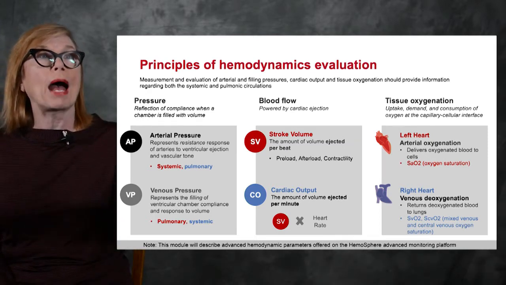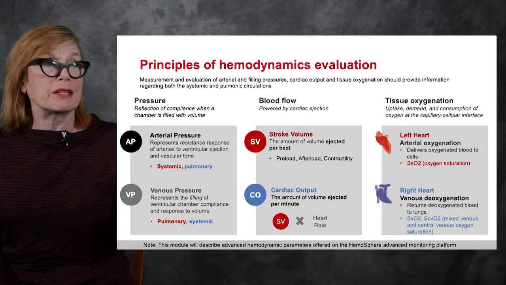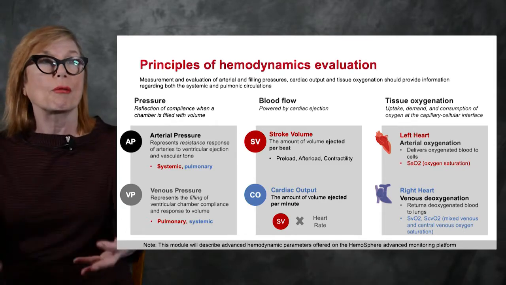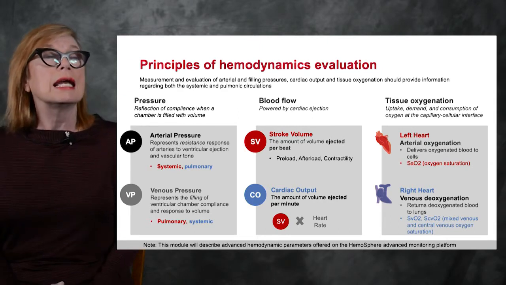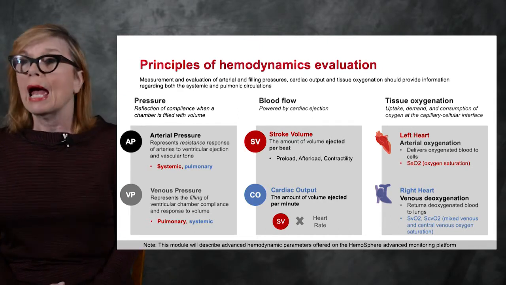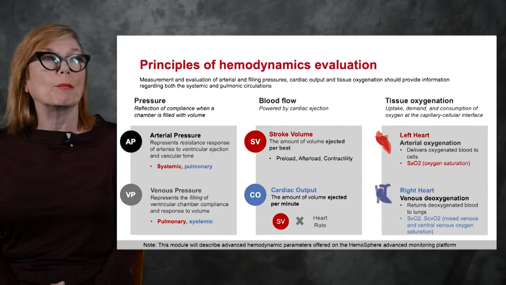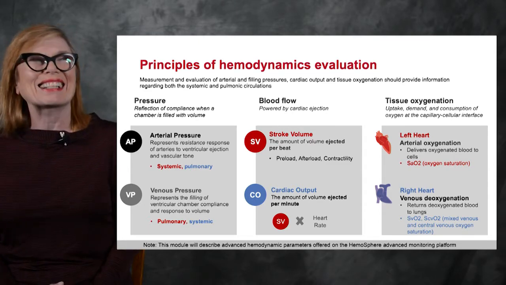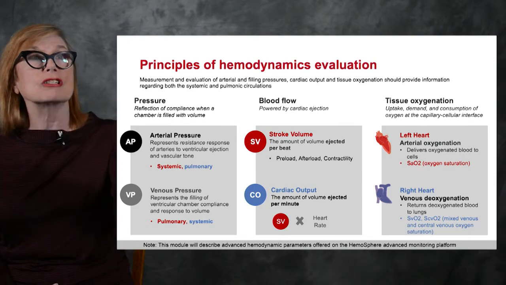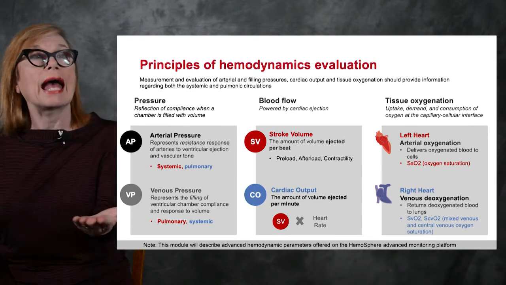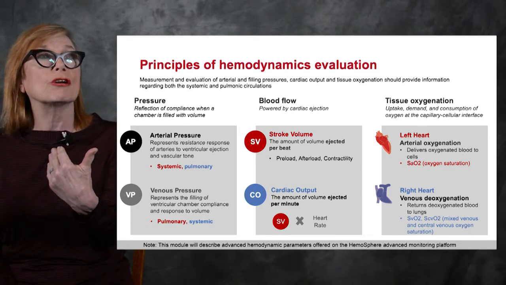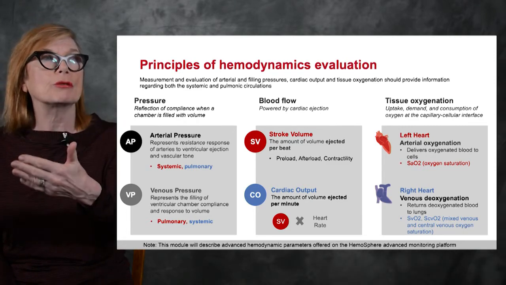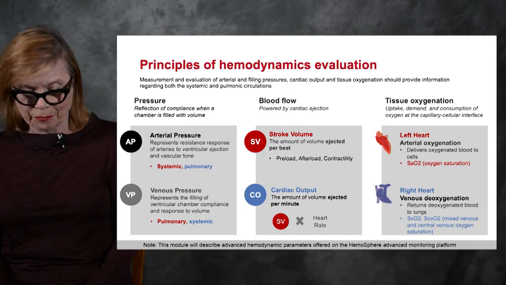Blood flow powered by the left ventricle is measured in the arterial bed as stroke volume, and blood flow propelled by the right ventricle is measured in the pulmonary artery, and it's measured as cardiac output, which is stroke volume times heart rate. And then we look at oxygenation, how much oxygen delivers to our cells and how much oxygen is returned to the right heart, SaO2 and SvO2 respectively.